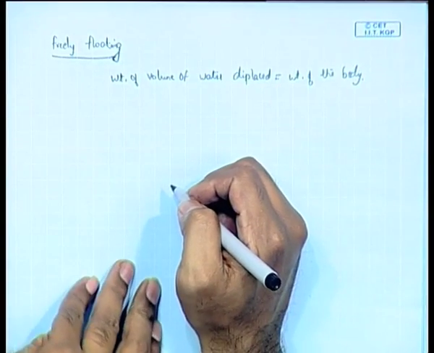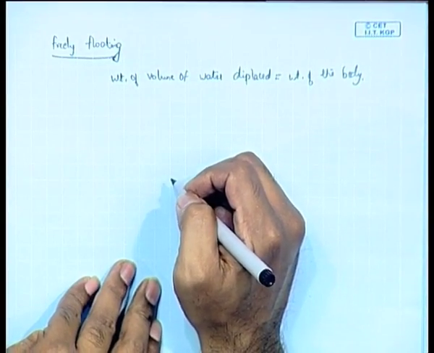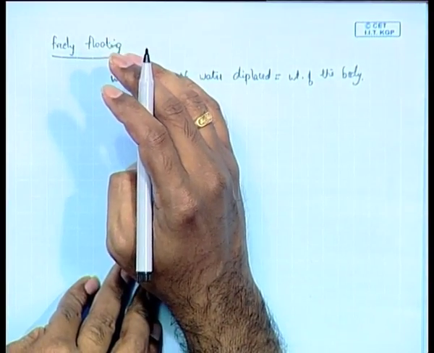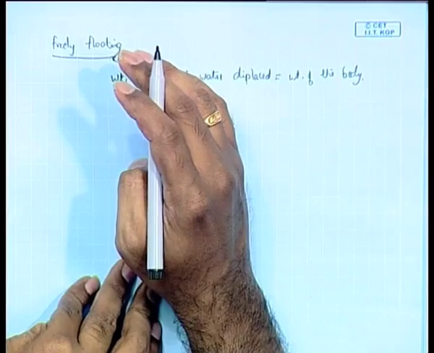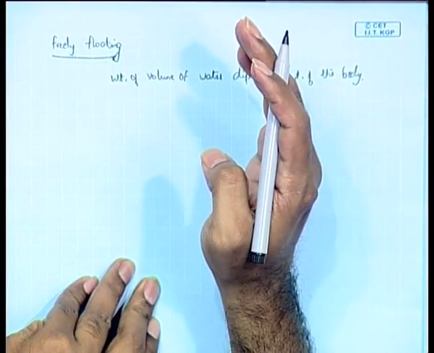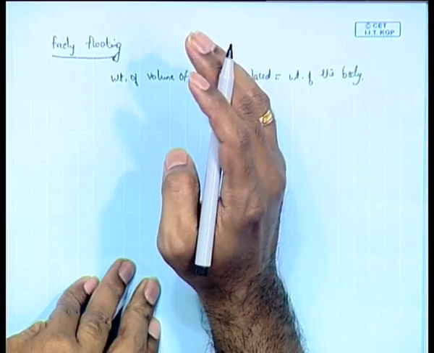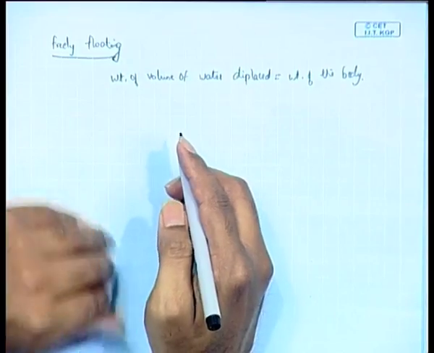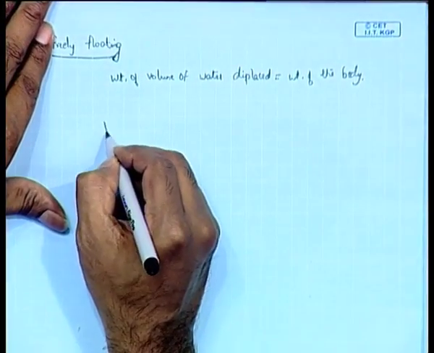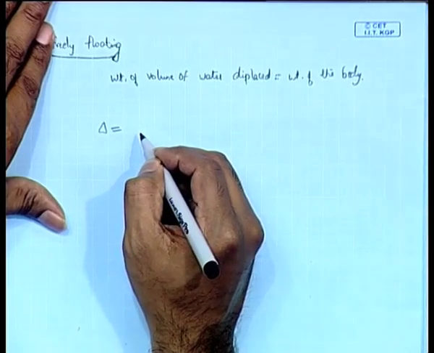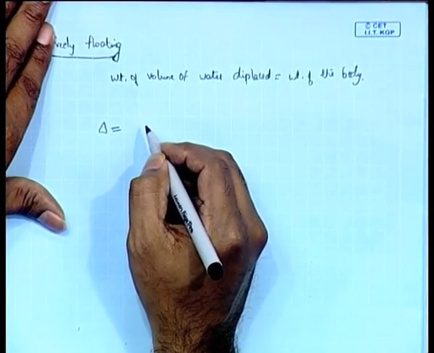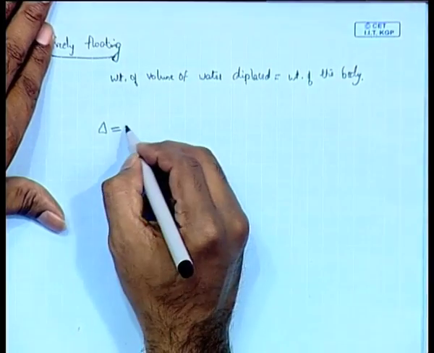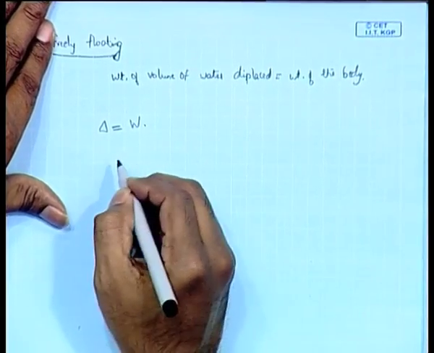Now the volume of the liquid displaced is known as the displacement of the ship, and so what this says is that displacement delta, which is the weight of the volume of water displaced, is equal to W, the weight of the ship.